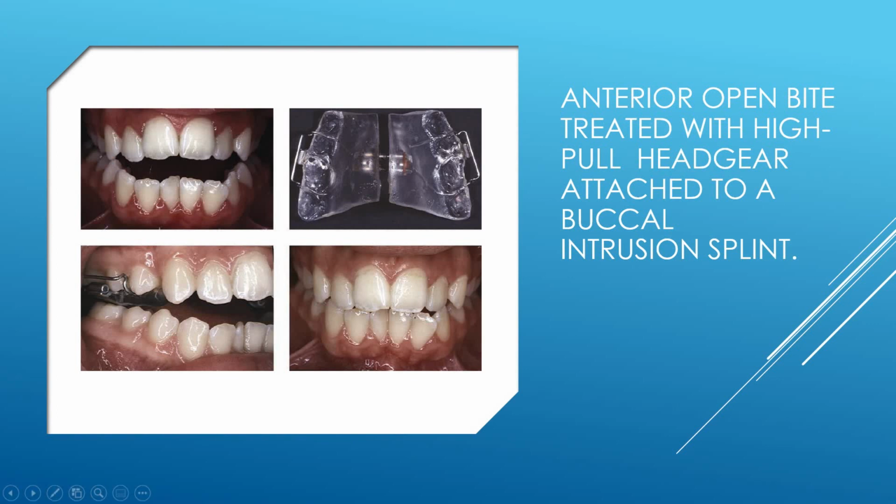Headgear can also be used in combination with a functional appliance to try and correct an increased overjet when there is a reduced overbite and a vertical growth pattern. The main problem with this approach is that vertical growth continues throughout adolescence, and therefore to be truly effective, headgear will have to be worn until adolescent growth has stopped.